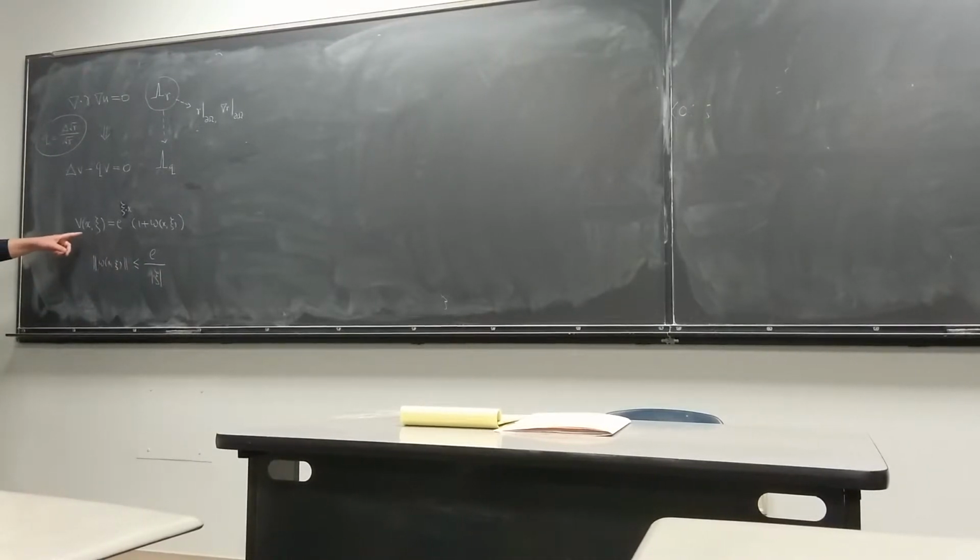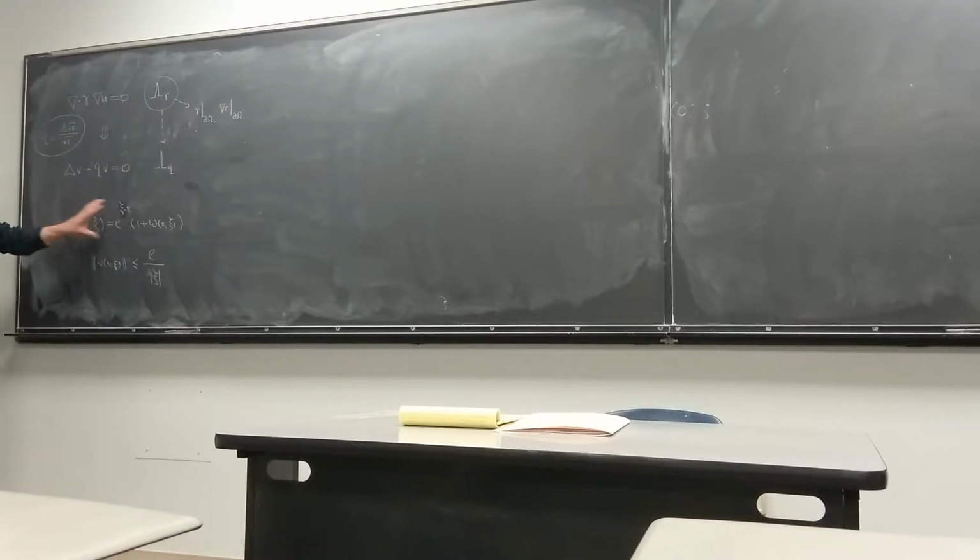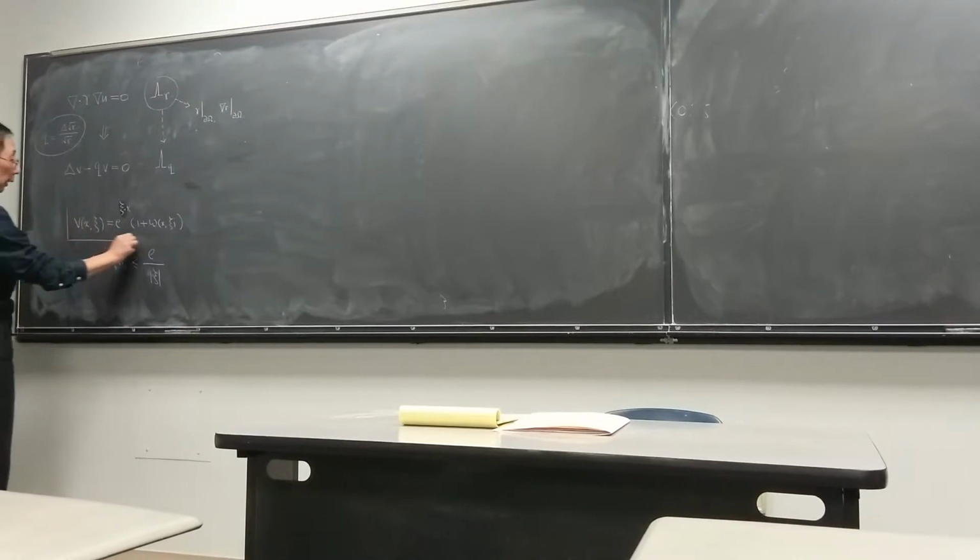And you can see that when the dimension is greater than or equal to 3, that's enough, it's all we need. This solution itself can be used to prove the uniqueness. But only in dimension equal to 2, where the problem is formally determined, this solution itself cannot be used directly to determine the potential Q. You have to use something else. But in any case, this solution is our main tool.